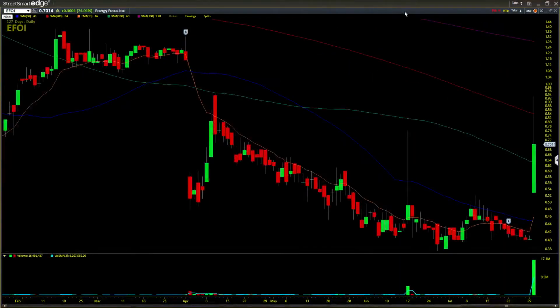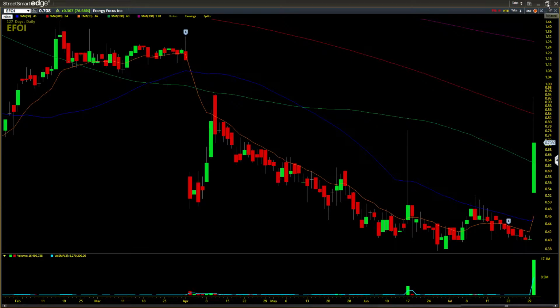So the moving averages, this red line right here, this is the daily chart. This red line is the 200-day simple moving average. And this 200-day simple moving average is at 84 cents.